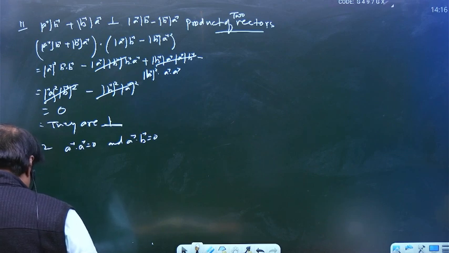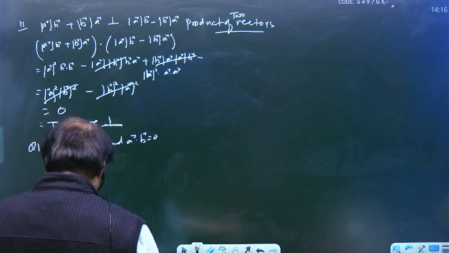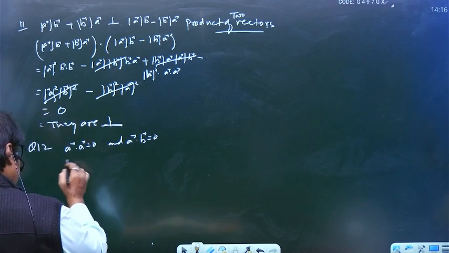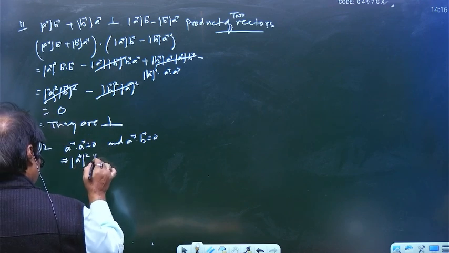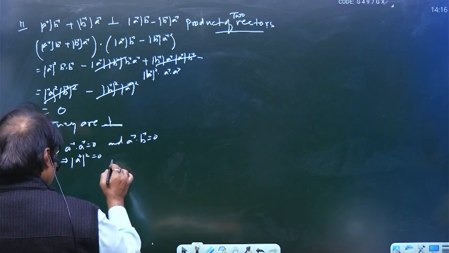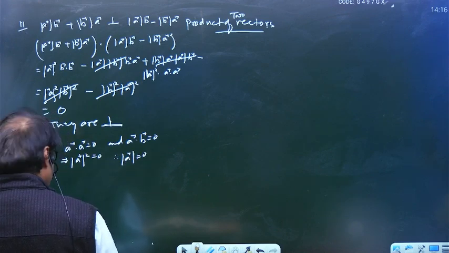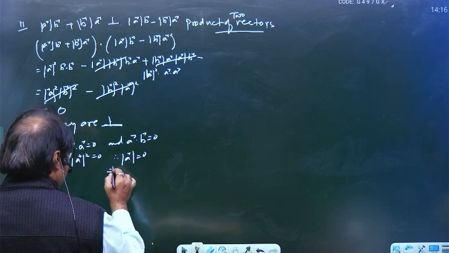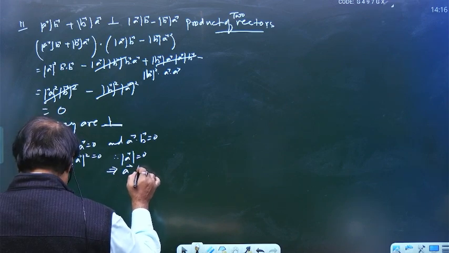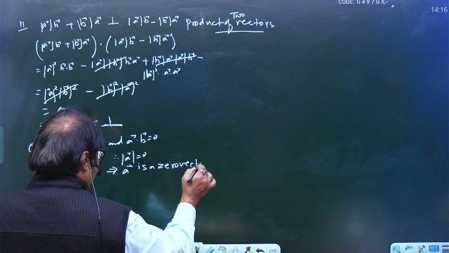Then what can be concluded about the vector B? Here A dot A is 0, so it means that magnitude of A square is equal to 0. Therefore the magnitude of A is also equal to 0. When the magnitude of any vector is 0, it means that vector A is a 0 vector.